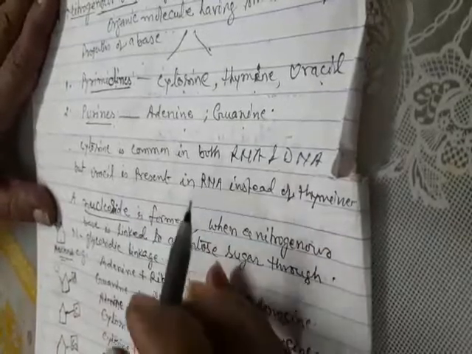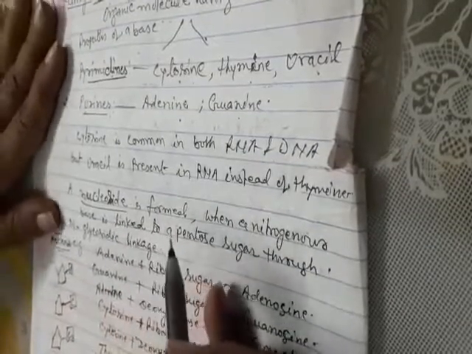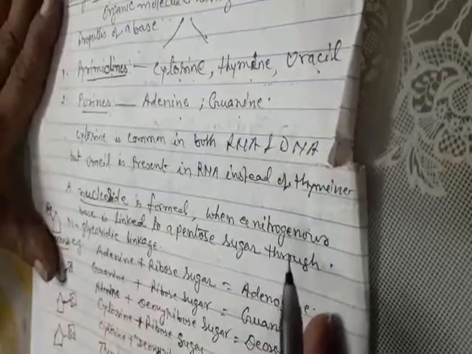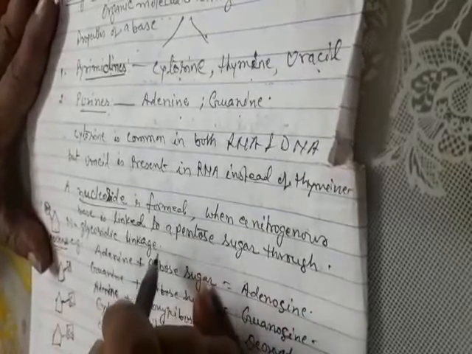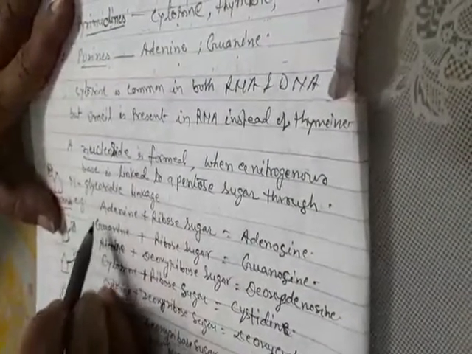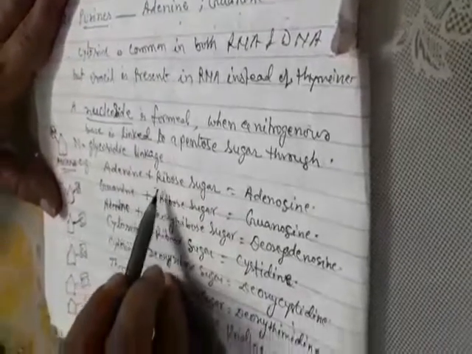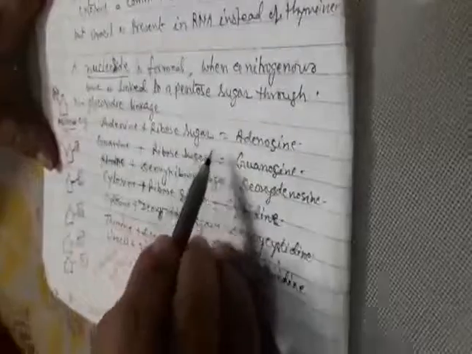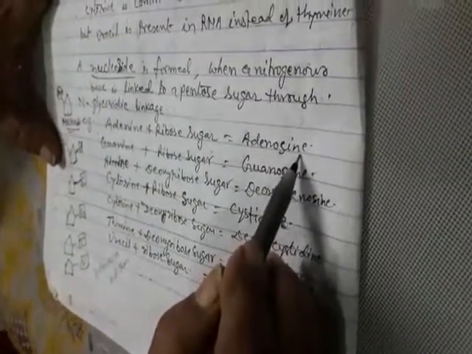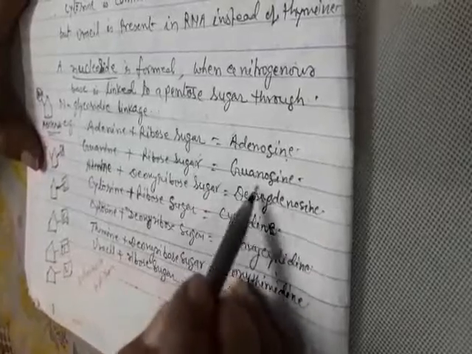When a nitrogenous base is linked with a pentose sugar through an N-glycosidic linkage, it forms a nucleoside. Examples of nucleosides: adenine plus ribose sugar, adenosine. Guanine plus ribose sugar, guanosine.